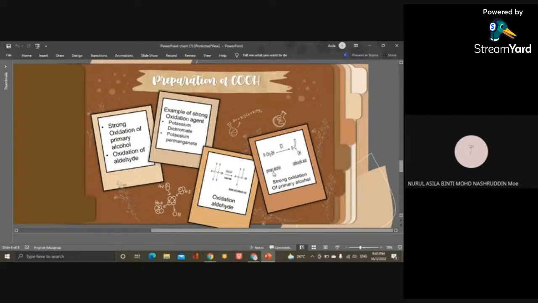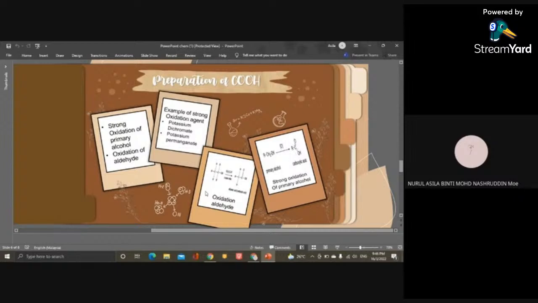During the process, the OH will be removed and replaced by a double bond O, and the hydrogen still bonded to the carbon holding the OH will also be oxidized and become OH. The R group will remain unchanged because nothing is changing and the carbon will still be there.